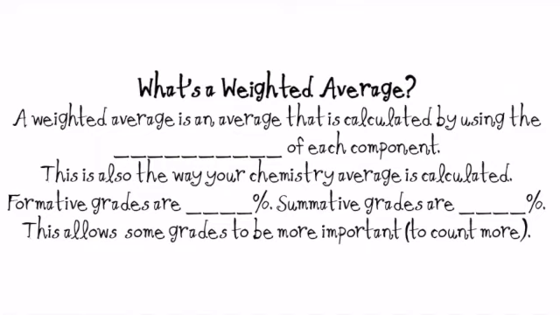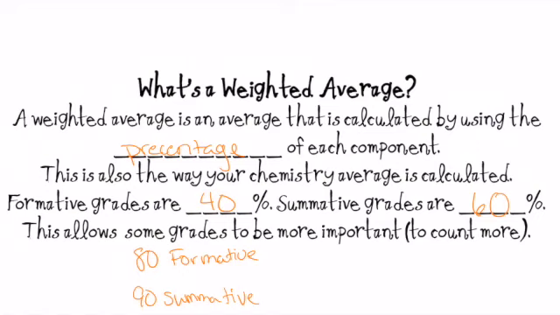What is a weighted average? A weighted average is the average that is calculated by using the percentage of each component. It is also the way your chemistry average is calculated. Formative grades are 40%, summative grades are 60%. This allows some grades to be more important than others. So if you had an 80 for your formative average and a 90 for your summative, how would you figure your grade?